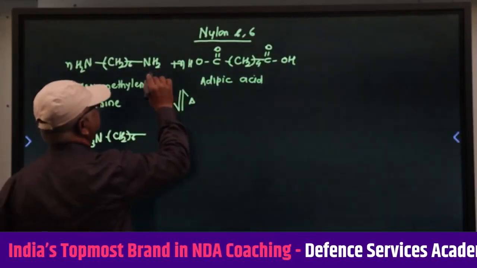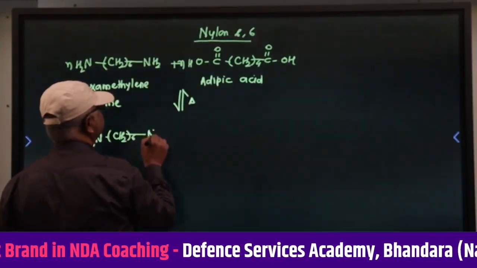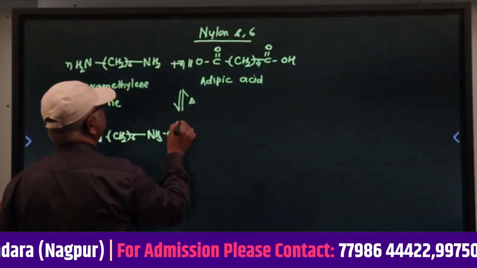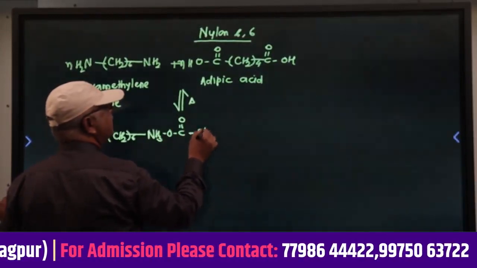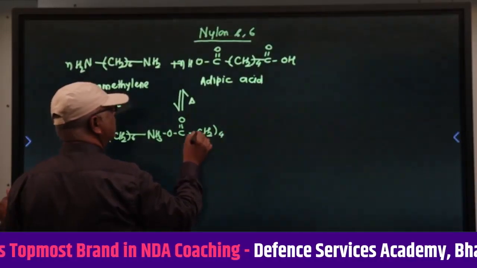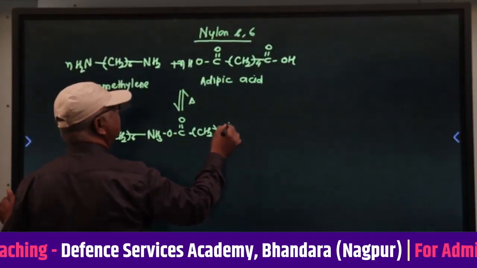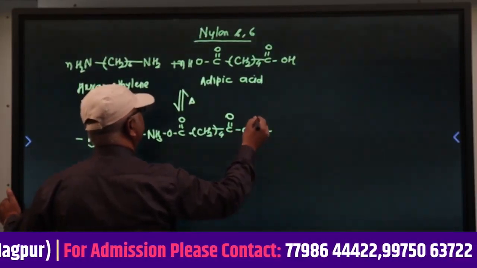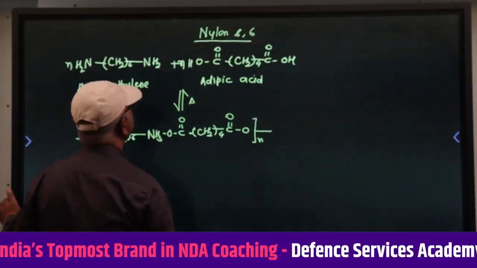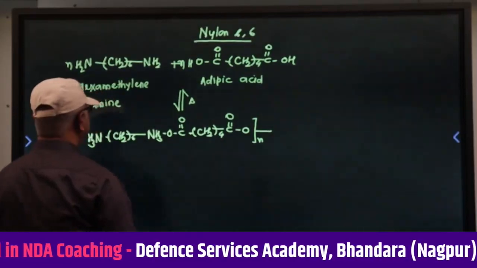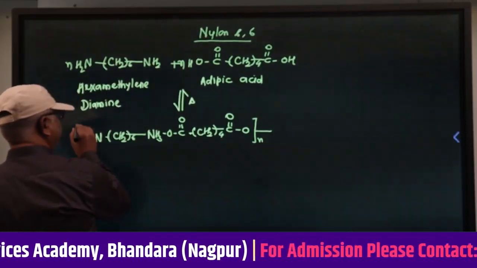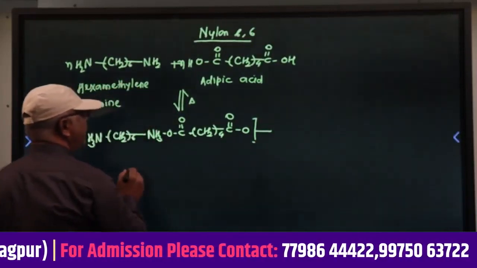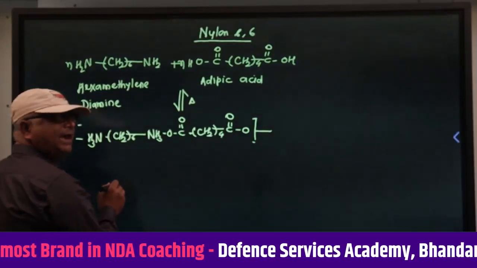Again this is condensed together, NH2 and this H, that means NH3, O, C double bond O, CH2 by 4, again this C double bond O, like this. This N number is known as hexamethylene diammonium adipate.